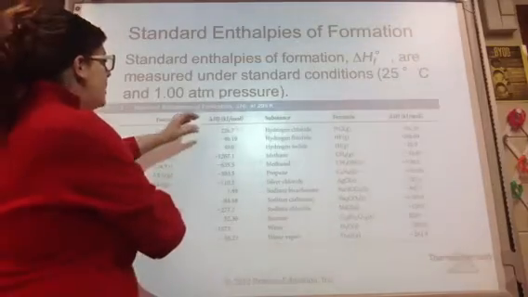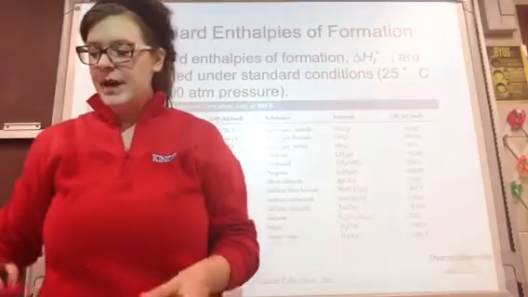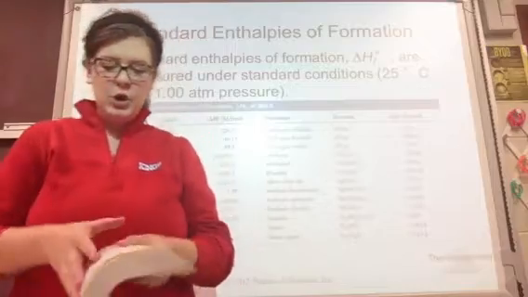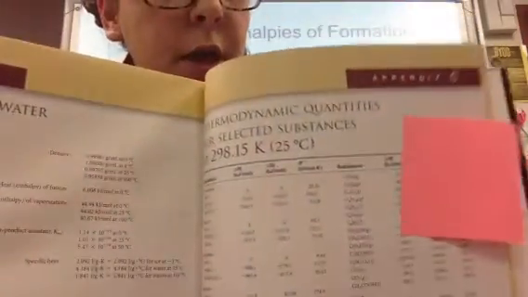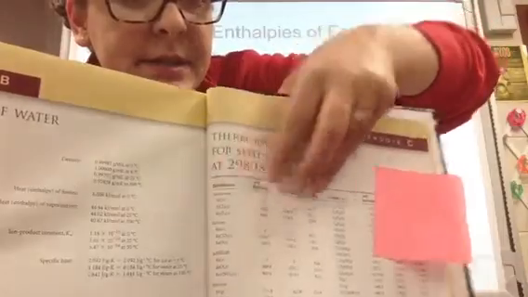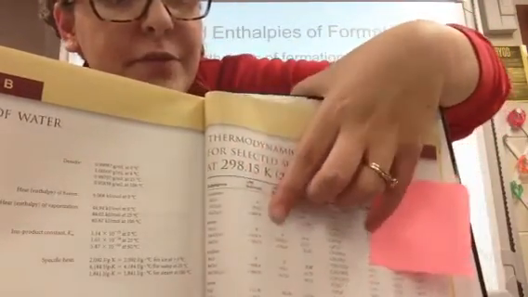So in the back of your book, it's Appendix C, which is page 1059. So if you were to look in the back of your book, Appendix C, you have a column here for thermochemical quantities. It'll tell you the substance, and then it will tell you your standard enthalpy of formation values.